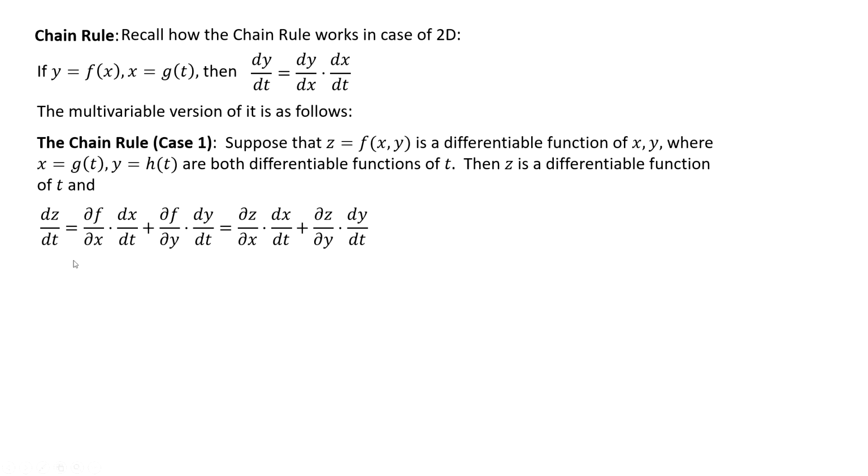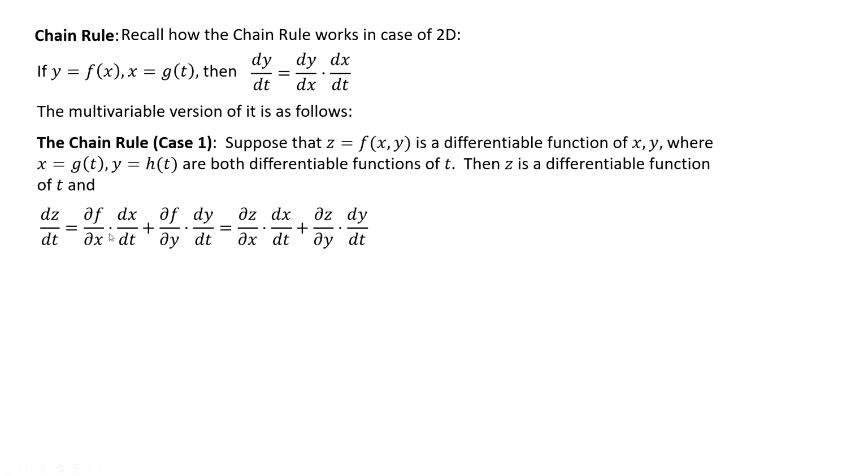And it turns out it's fairly straightforward. dz/dt is partial f with respect to x times dx/dt. Sort of think of it as partial x and dx cancelling each other out, because they both represent a differential dx, and in this case partial x sort of represents the differential dx too.